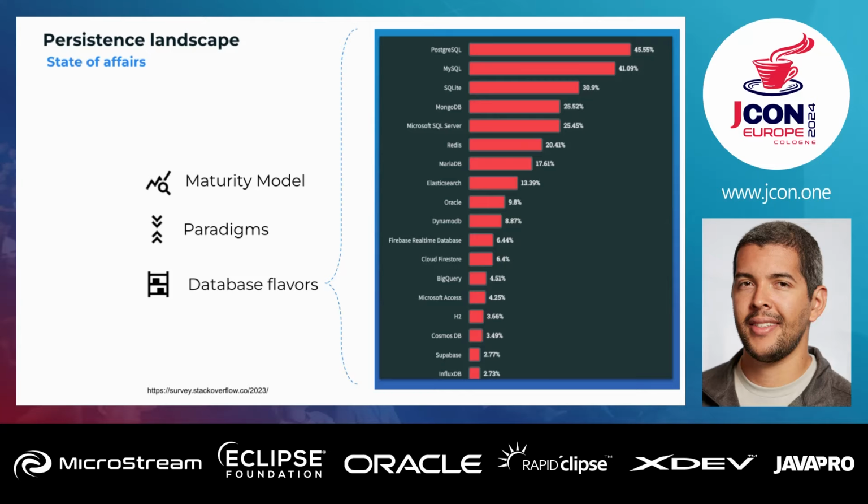Who has heard about the Richardson maturity model? It is a maturity model for modern applications to use REST, where we have a couple of stages, starting from scratch and moving on to HATEOAS. We also have a couple of maturity models on the application side. However, we still have few on the database side.